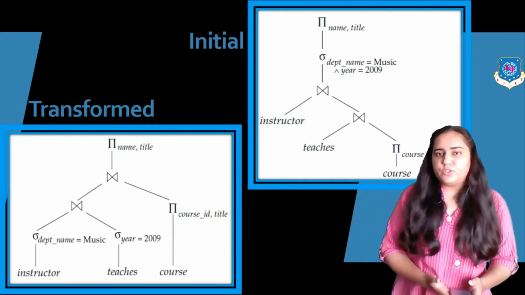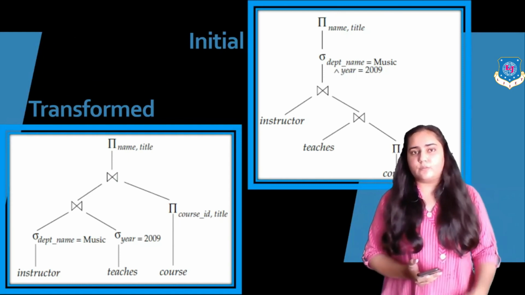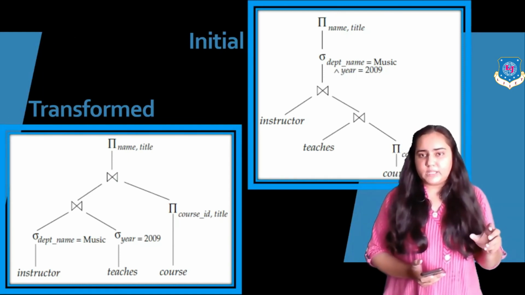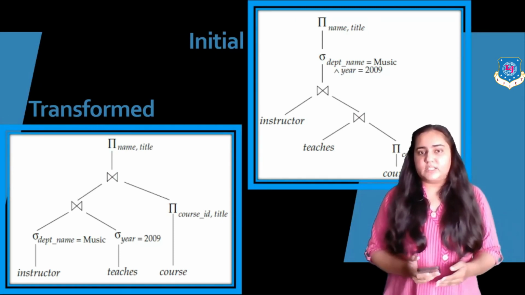If you watched the second video on query processing, which I've linked down below, in that video, I've explained a technique called pipelining for processing queries where multiple operations can be simultaneously done.